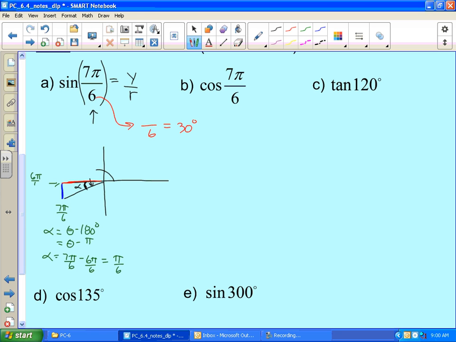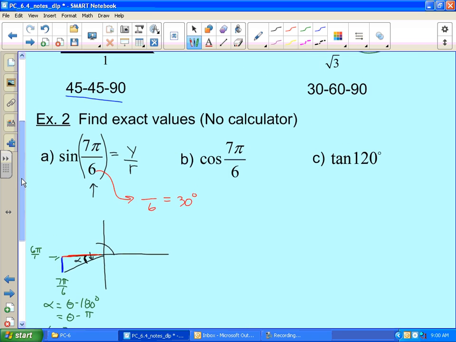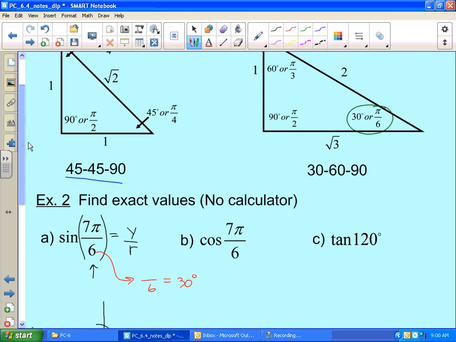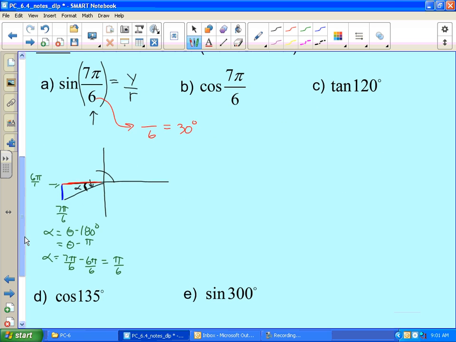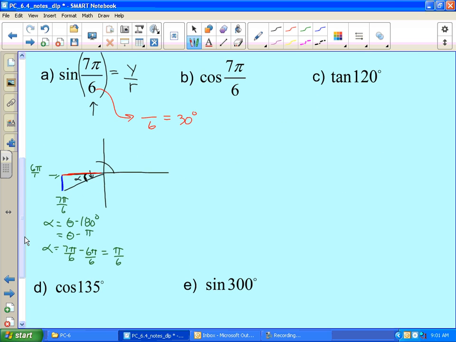So our 30, 60, 90 triangle, this is what we just need to remember, that across from the 30 degree is always the smallest side, which is the 1. And across from 60 will always be square root of 3. So if we were to take that 30, 60, 90 triangle and plop it right here into quadrant 3, then we would have across from our theta, or our alpha, which is a pi over 6, a length of negative 1.